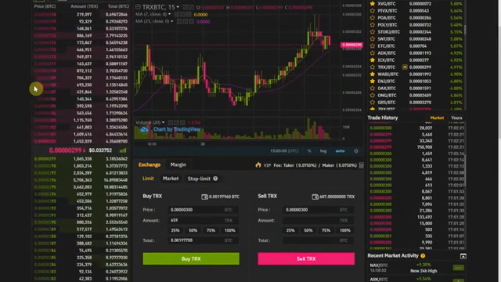Cool thing about this, with the order book, you see all these orders before, so 4 BTC worth of TRX. So if you place an order to buy here at 292, you will have to wait for all these orders to be cleared.